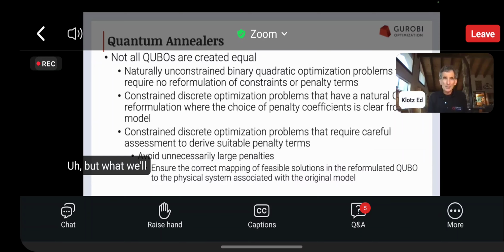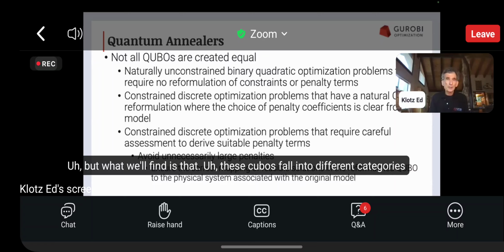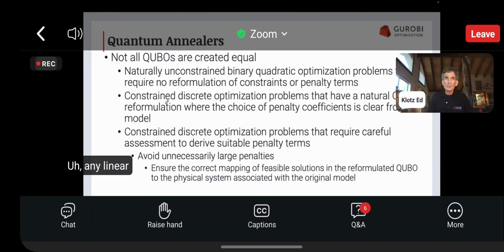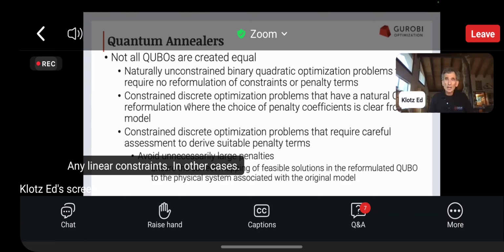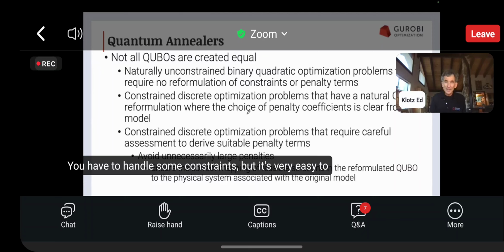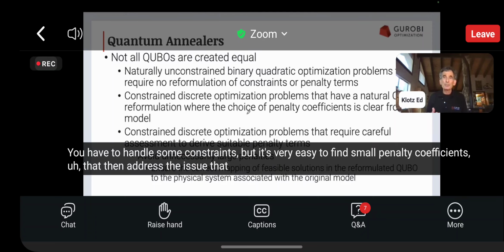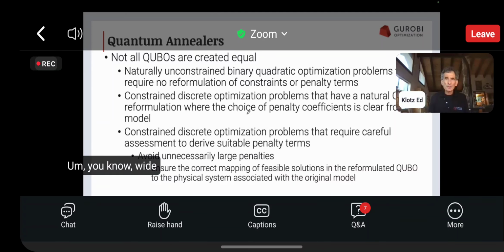But what we'll find is that these QUBOs fall into different categories. Sometimes you can actually formulate a model directly as a QUBO without having to worry about any linear constraints. In other cases, you have to handle some constraints, but it's very easy to find small penalty coefficients that then address the issue that Malahay raised about wide ranges of coefficients.